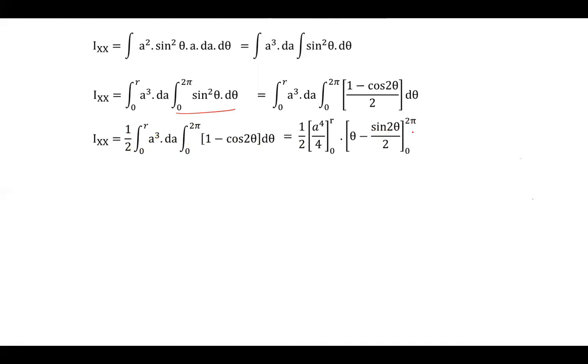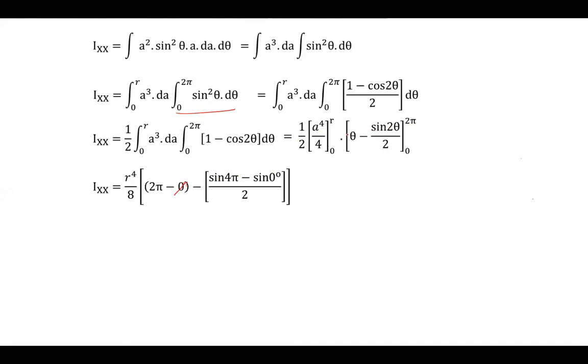So then the value will become, if you substitute 2 pi, 2 pi minus sin 2 into 2 pi, that is sin 4 pi, which will be 0.